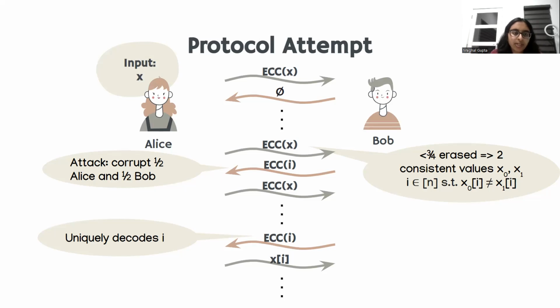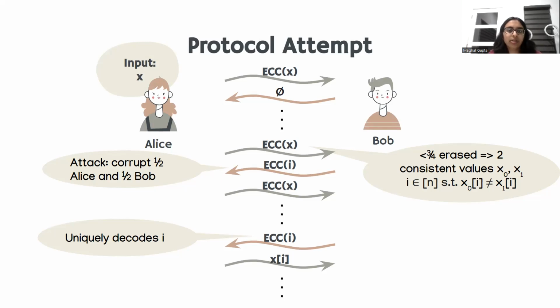So the question now becomes, how do we do this second step? There's essentially the following attack on the second step that we need to avoid. Alice is sending over ECC(X) in every message, and then at some point when Bob figures out what X0 and X1 are, he sends over ECC(I).